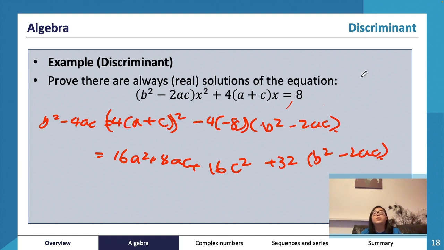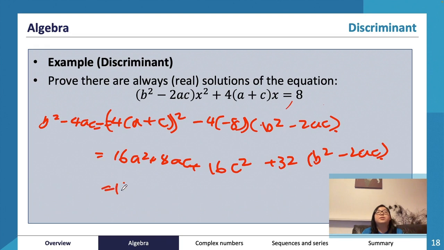Okay, so then what we have to do is complete the equation that we've got here. So that's going to be negative 4ac, and then we have minus 8 times this times this.